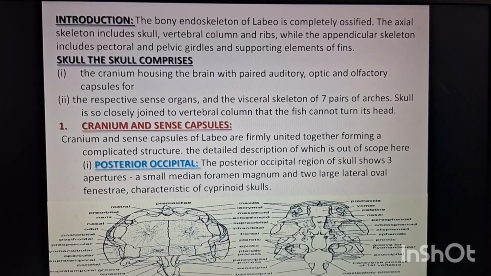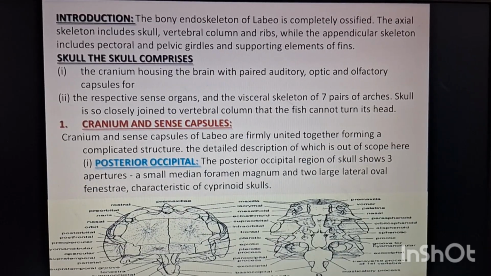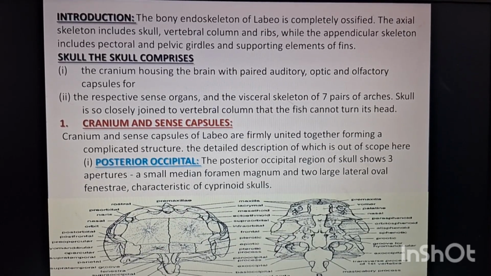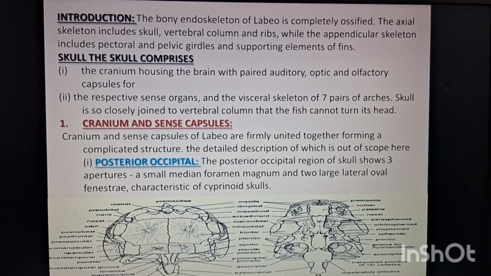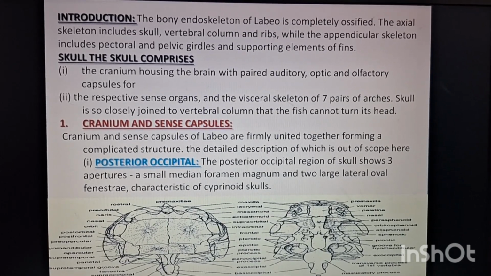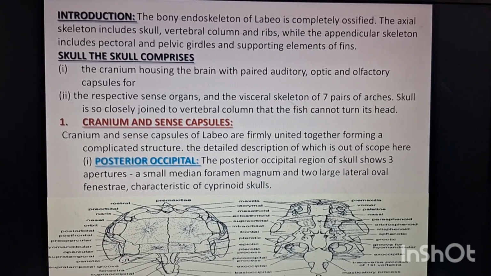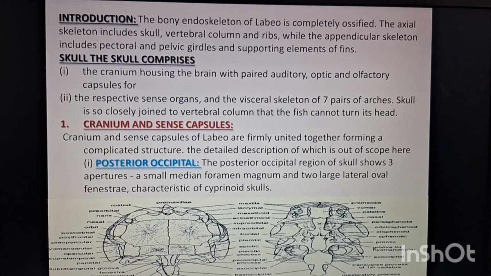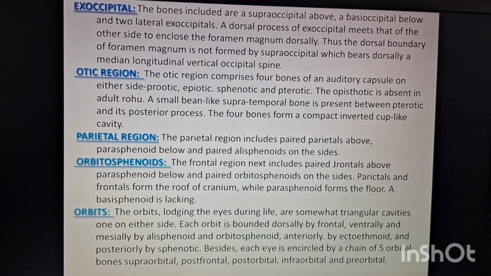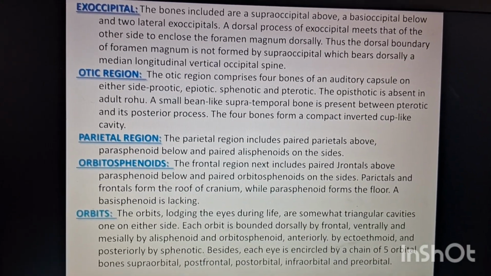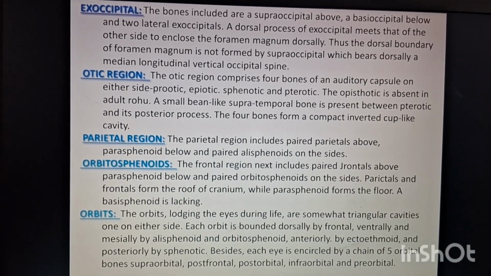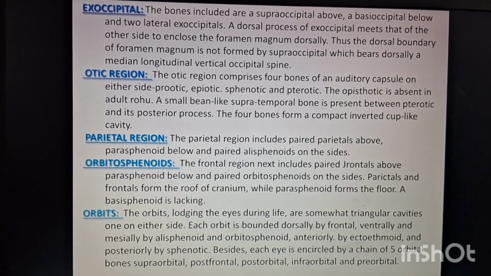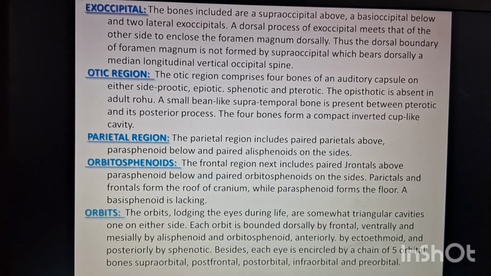First is the posterior occipital region. The posterior occipital region of the skull shows 3 apertures, a small median foramen magnum and 2 large lateral oval fenestrae, which are characteristic of cyprinoid skulls. Next part is the occipital region. The bones included are a supra-occipital above, basi-occipital below and 2 lateral exo-occipitals.